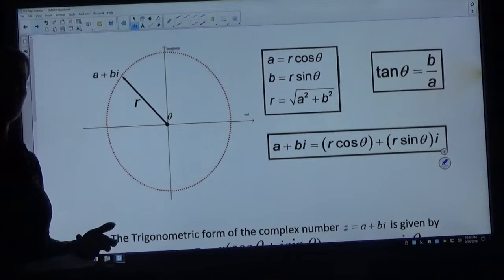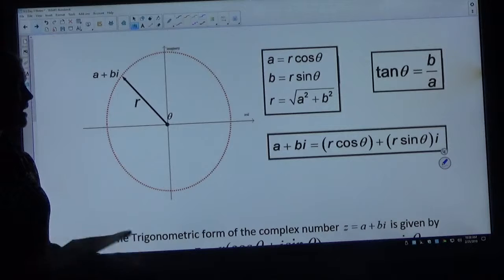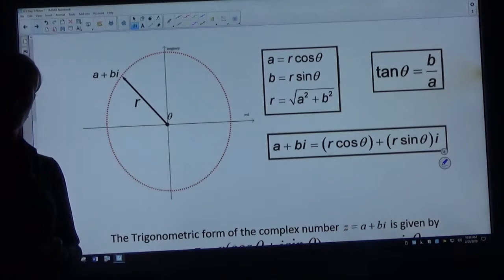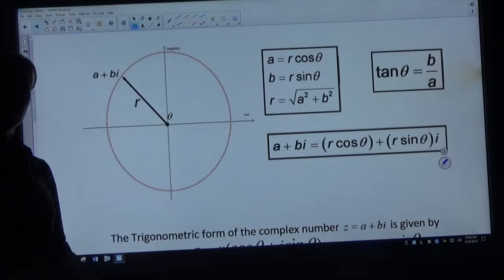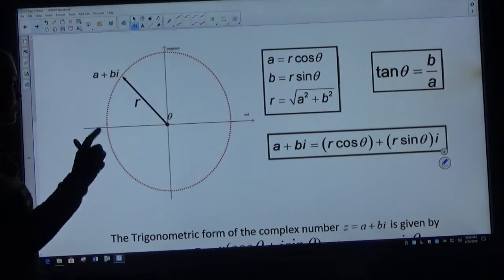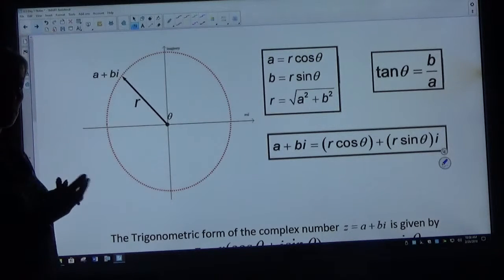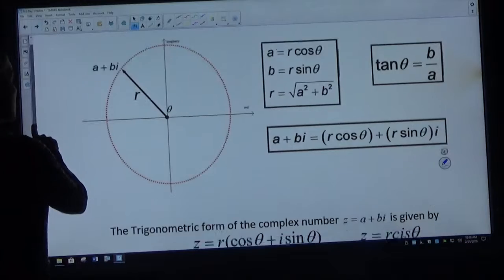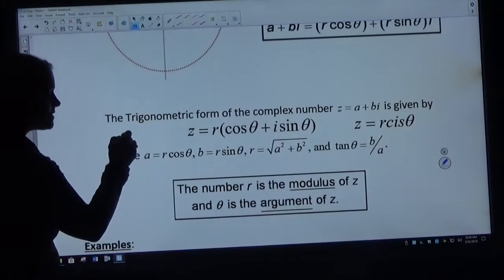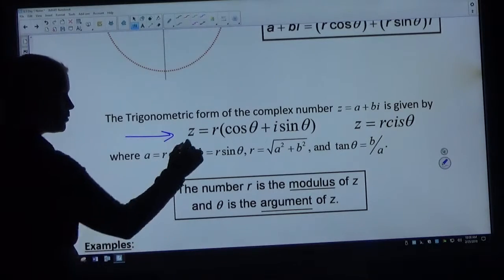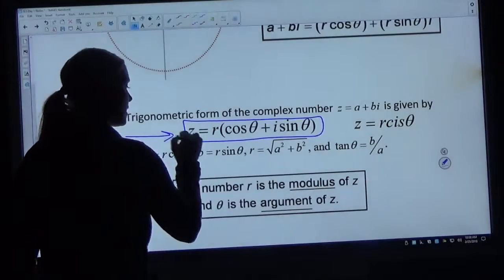The idea here is to take your imaginary a plus bi form and convert it today to a trig form. That's the basic end goal of today's lesson. To do that, there's a few things. Number 1, I'm going to graph my imaginary number. What I'd like to do is to get to this form, which is the trig form of your imaginary number.